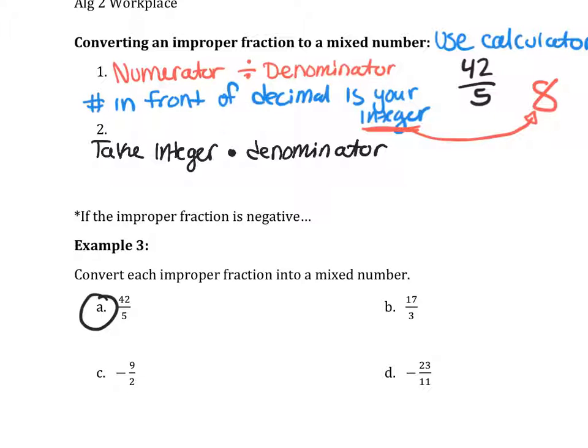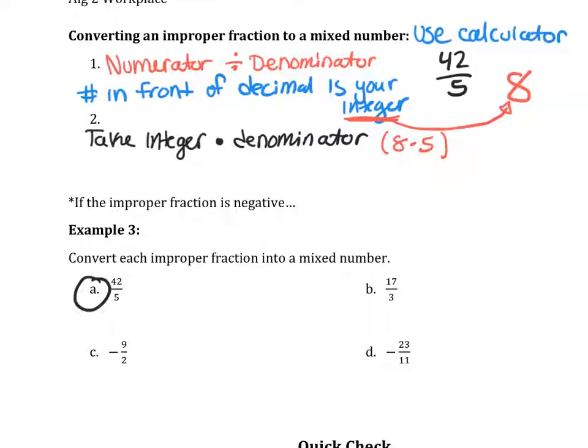So in this case, you would take 8 times 5 and hit enter. And what do we get from that? What's 8 times 5? 40. And so however far away that answer is from your numerator, that's going to be the numerator of the fraction in your mixed number. So 8 times 5 gives you 40.